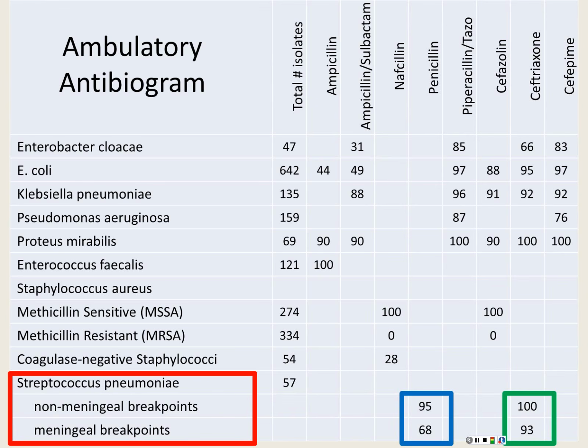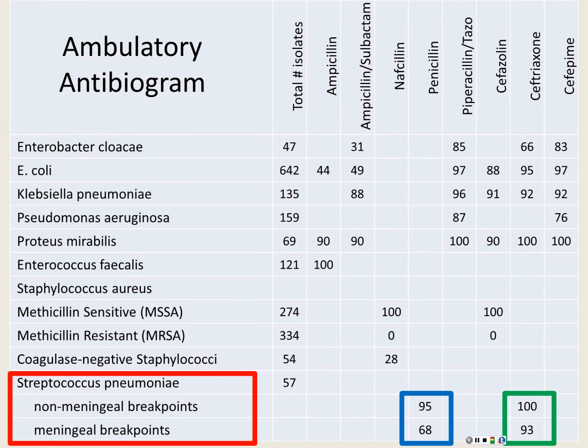However, look at the difference when we're looking at those requirements for penicillin when you need to treat strep pneumo in the brain. So it drops all the way down to 68, only 68% are susceptible, and that's because penicillin really doesn't have great drug concentrations into the CSF. And so we need to have a very, very highly susceptible strep pneumo in order to consider those little drug concentrations enough to be effective.